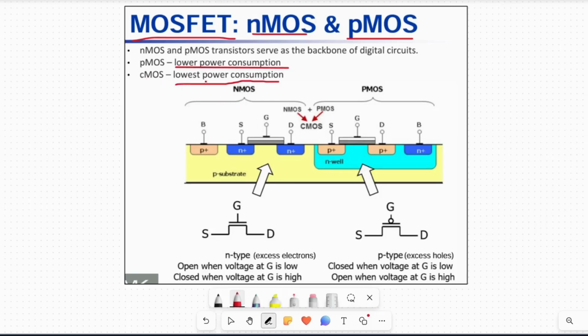NMOS, or N type, opens when the voltage at G is low and closes when the voltage at G is high. And PMOS, or P type, closes when the voltage at G is low and opens when the voltage at G is high. So they work opposite of each other.